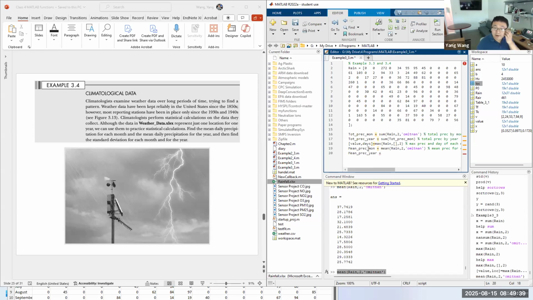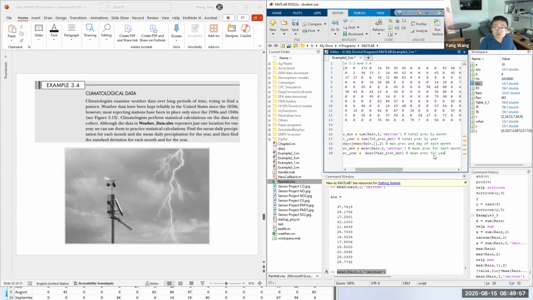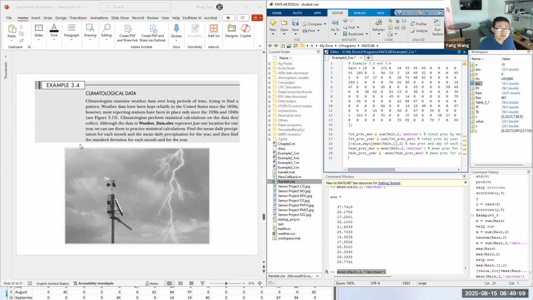It's just going to be the average or the mean of all of these, right? So the mean of the daily precipitation that we got from every month. So mean precipitation for the year. And then the standard deviation for each month and for the year, right?